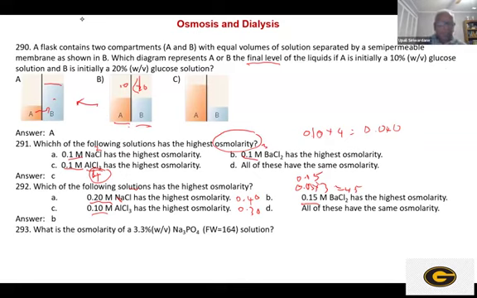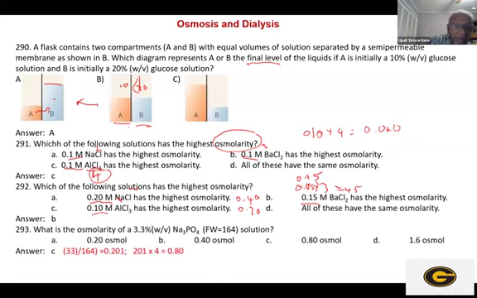Next question. What is the osmolarity of this solution? We talked about it. The number of grams of weight here is 10 times 3.3, which is 33.